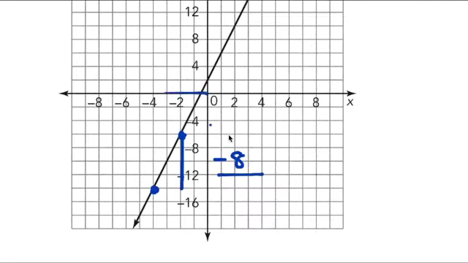The x is also counting by 2 because I'm going left. Notice my numbers are getting more negative from here to here. It's getting more negative. So the negative 2 went to negative 4. So that's a negative 2 there.